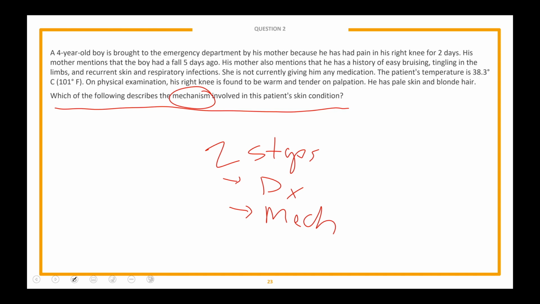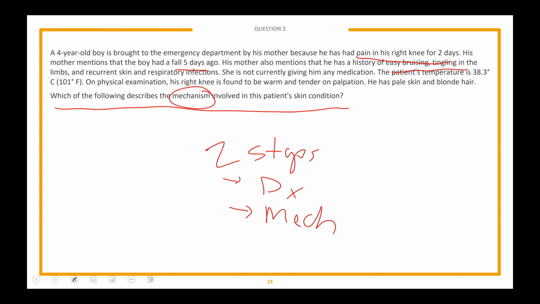So a 4-year-old boy is brought to the emergency department by his mother because he has had pain in his right knee for 2 days. His mother mentions that the boy had a fall 5 days ago. His mother also mentions that he has a history of easy bruising, tingling in the limbs, and recurrent skin and respiratory infections.